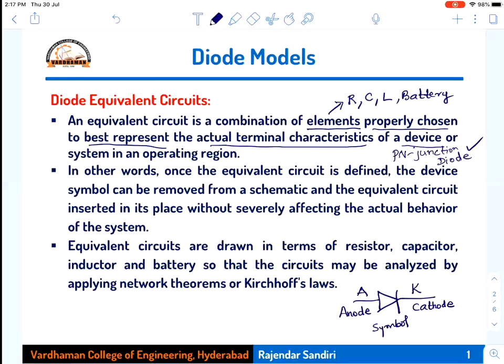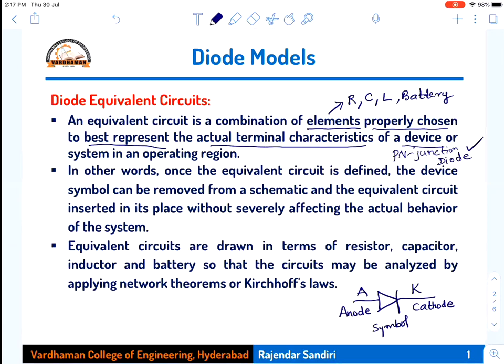To analyze the circuit, we will not be able to use this diode as it is, but we have to use the equivalent behavior of the diode. So the equivalent circuit is a combination of elements properly chosen to best represent the characteristics of a device.